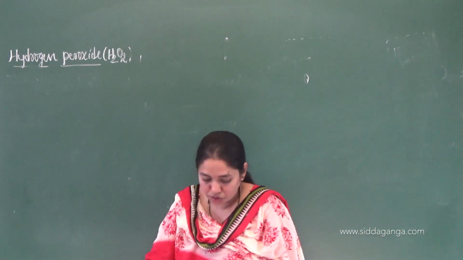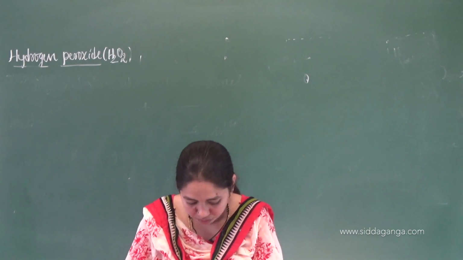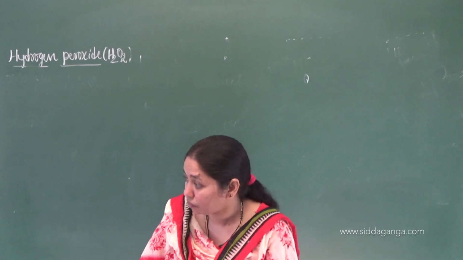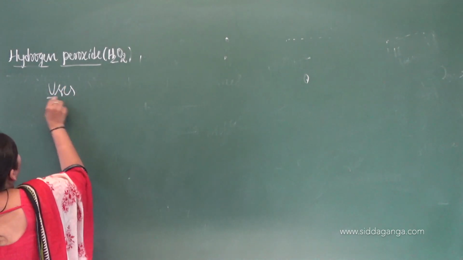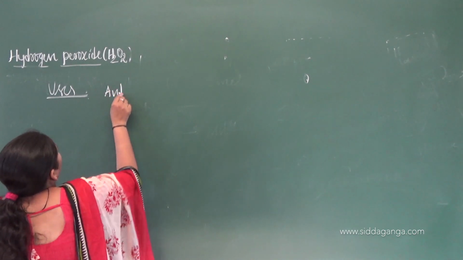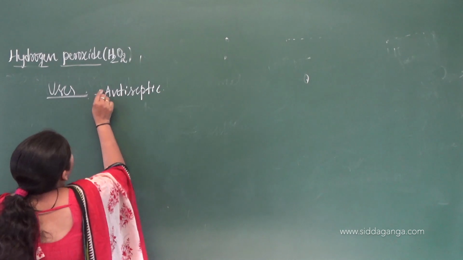Uses of hydrogen peroxide. You can note down the uses of hydrogen peroxide. It can be used as an antiseptic, like you use Dettol and all.